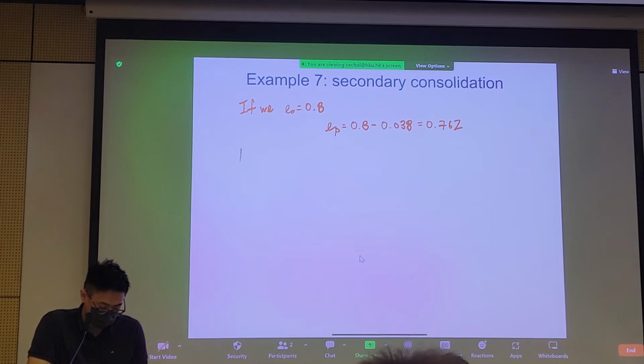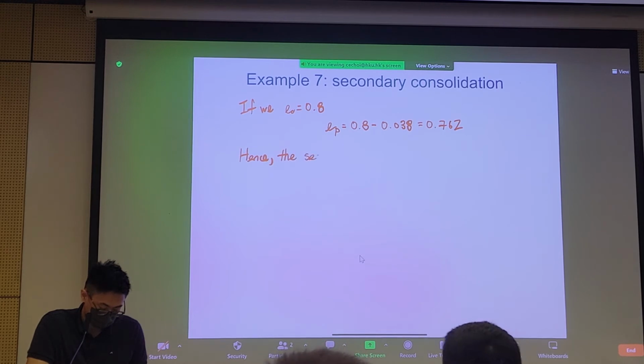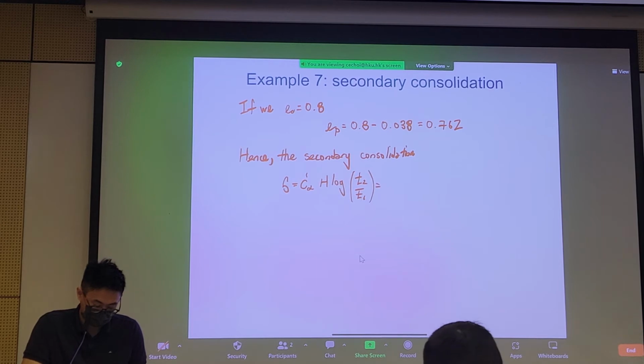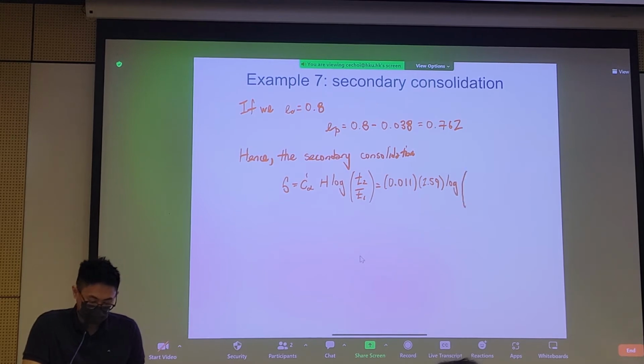So for secondary compression, we can calculate it just by replacing the compression index in this expression from a few slides ago, and we're given the secondary compression index as 0.011, plate thickness is 2.59, and we can use the time here in terms of years, because that's what the question gives us.